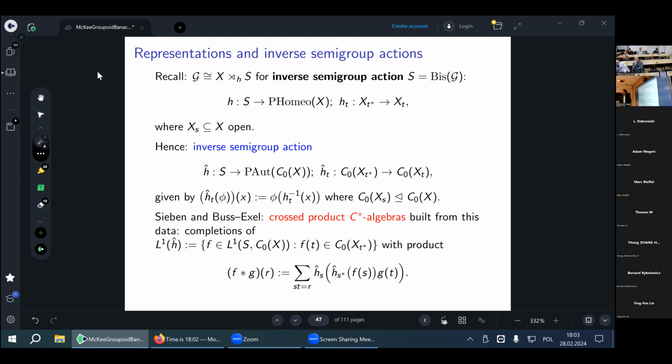That is because if you write the normal formula for convolution on L1 of a normal group action, say on C_0 of X, it doesn't work because the domains don't line up with what you would want them to do. And this formula gets us around that. It's possible to prove that this formula gets us around that problem with the domains.